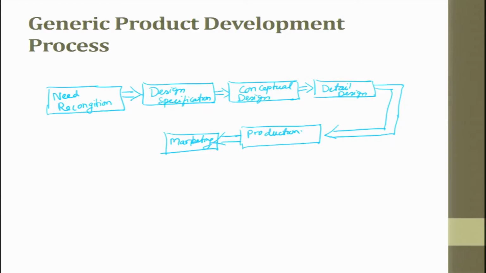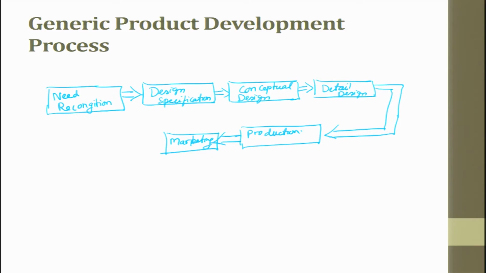Okay. So, from that you try to make a design specification. You convert the need into engineering requirements, that is design specifications, and then based on the design specifications you start doing conceptual design, and then you start working on detailed design.